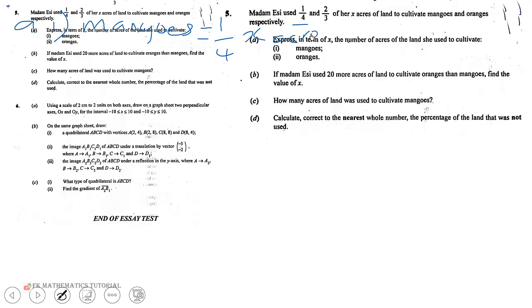So 1/4 x acres. Then the number of acres of land she used to cultivate oranges, A II, oranges, is equal to 2/3 of x acres.